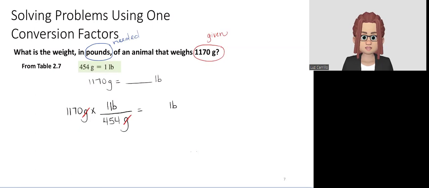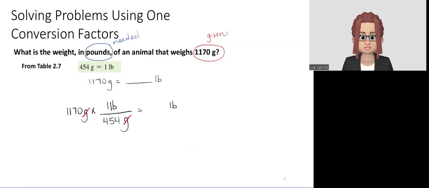Let's perform the division. When we perform the division and we say 1,170 divided by 454, our calculator display has many, many digits. It actually has digits of 2.5709251. We are not going to utilize all those numbers.